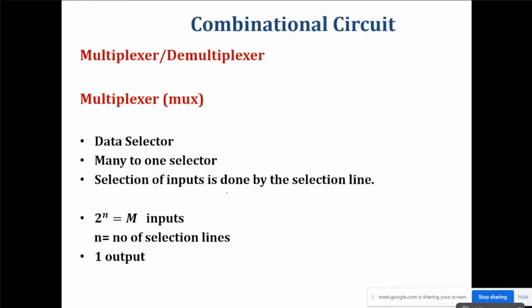Whether it is a document or any kind of information, we need to transmit that data. There will be two entities: one is the sender, one is the receiver.